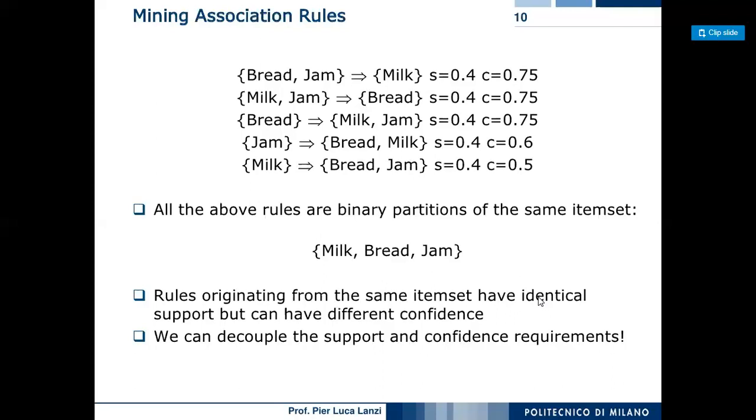Here we can find that the support when the item set is the same is always 0.4. So the support, or the frequency of the transactions that contain these three to the total number of transactions, will be the same, but the confidence varies from one combination to the other.